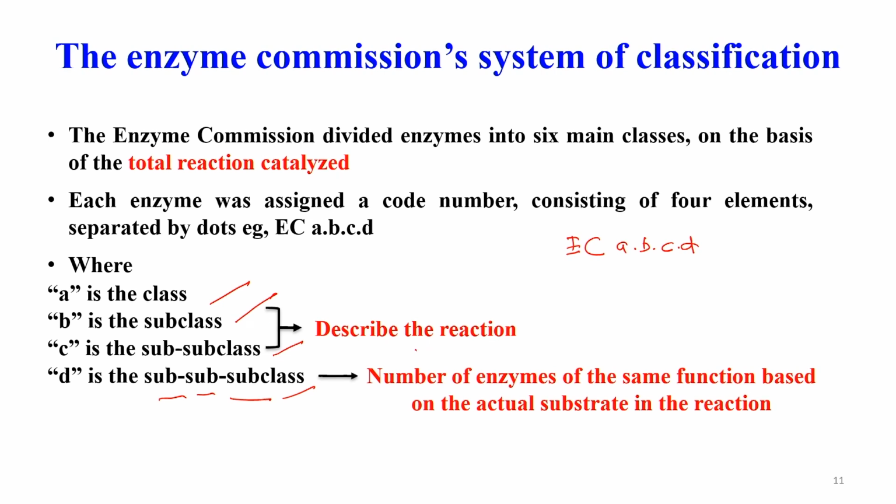B and C describe the type of reaction, and D describes the specificity of a particular enzyme towards a given substrate. So depending on this nomenclature EC A.B.C.D, one should be able to distinguish different enzymes.